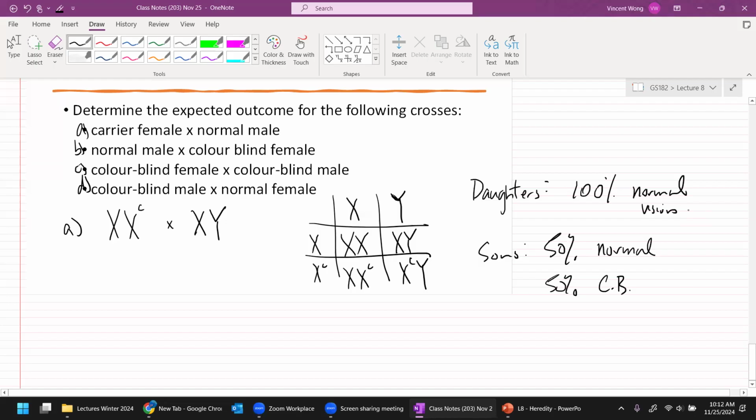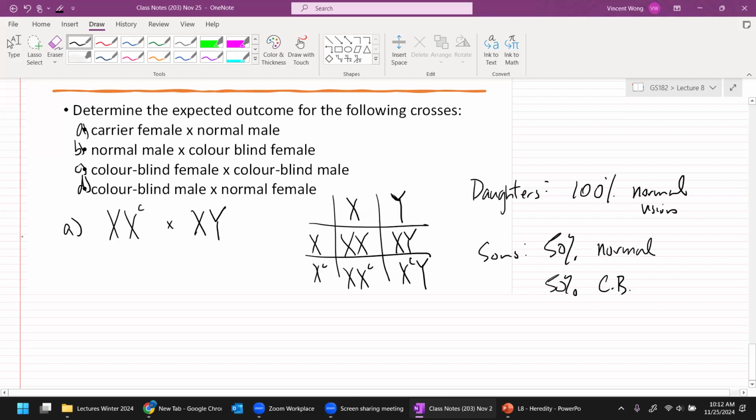Any colorblind daughter? Daughter. What about son? 100%. All right.